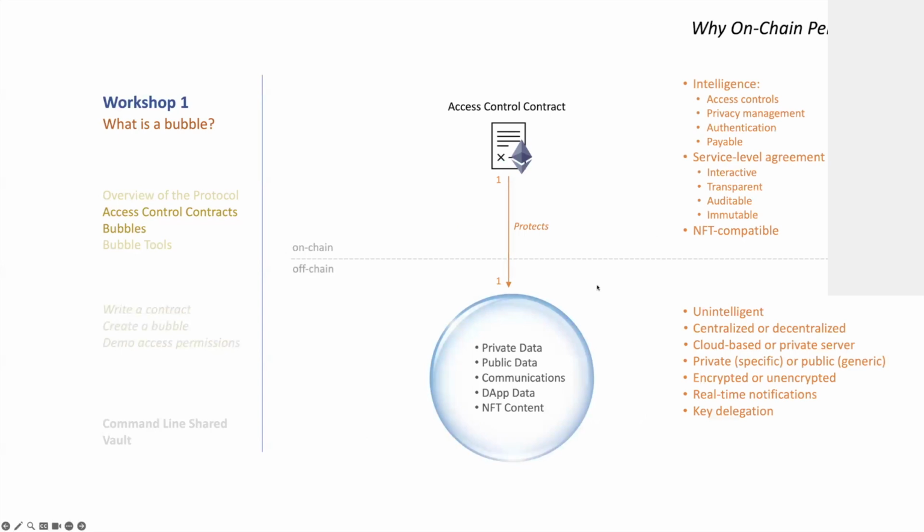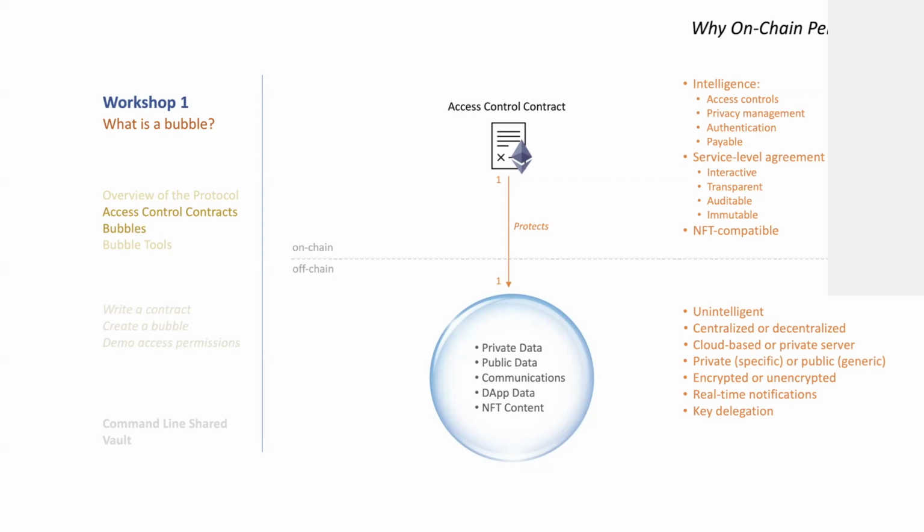So let's just quickly go into what's the point of having on-chain permissions and off-chain data. What's the benefit of it? There are a number of benefits. One is that, particularly for Web3, you are creating a direct link between your on-chain application logic and your off-chain data.